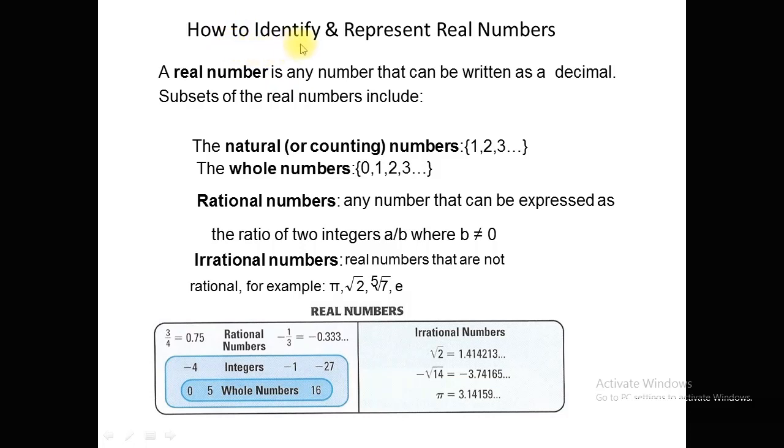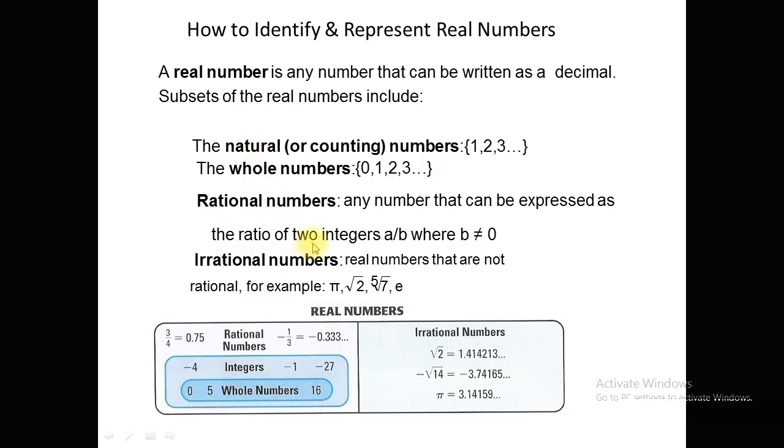Now, how to identify and represent real numbers? A real number is any number that can be written as a decimal. All subsets of real numbers include the set of natural numbers, the set of whole numbers, the set of rational numbers, and irrational numbers.